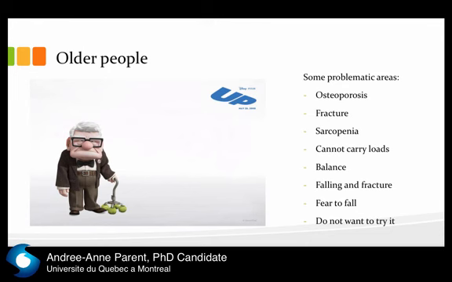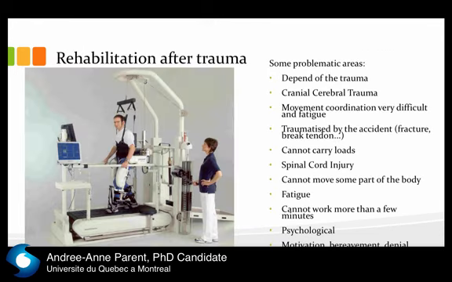Rehabilitation after trauma, in this case we will talk about the car accident. It depends on the trauma. Cranial cerebral trauma: movement coordination is very difficult. It's cerebral, so they cannot coordinate the movement, and they get fatigue really easily. So you have to think about it.